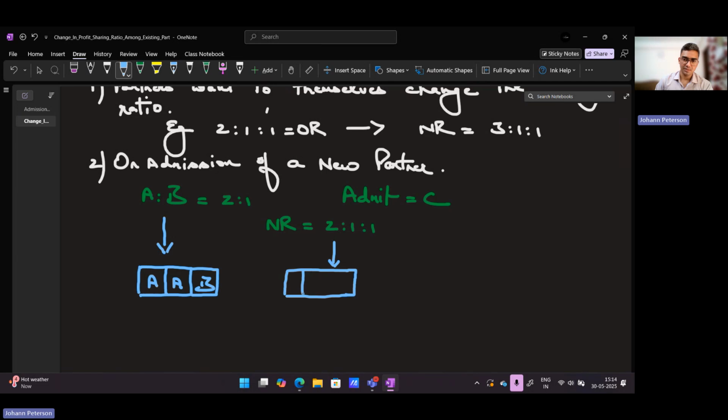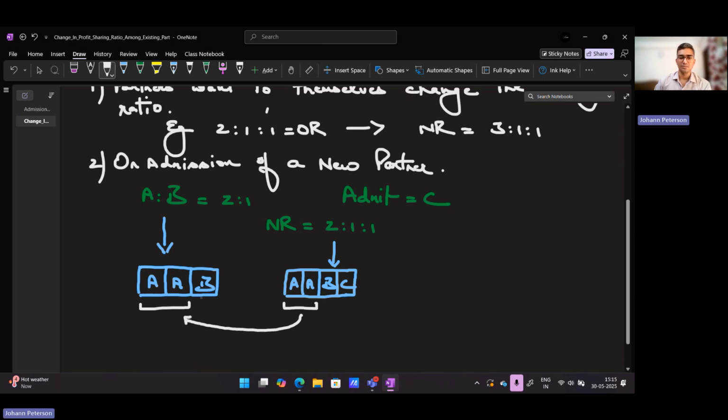So in this case, A is getting two parts, B is getting one part, and C is getting one part. Diagrammatically, you can see that A's share has become lesser. You see the size of what A is getting? It's just this much compared to the earlier, which was so much.